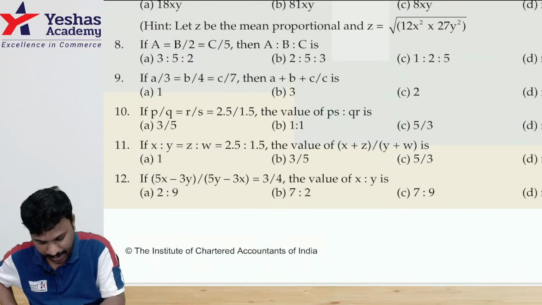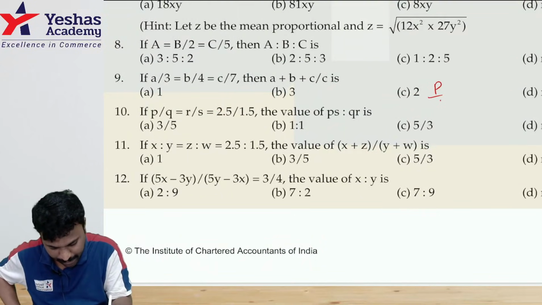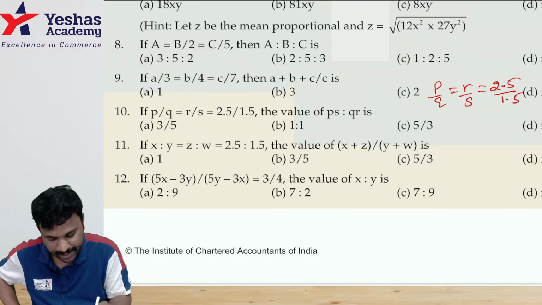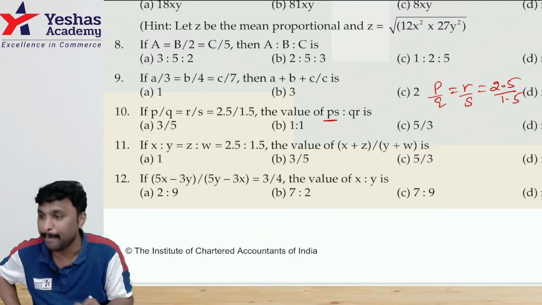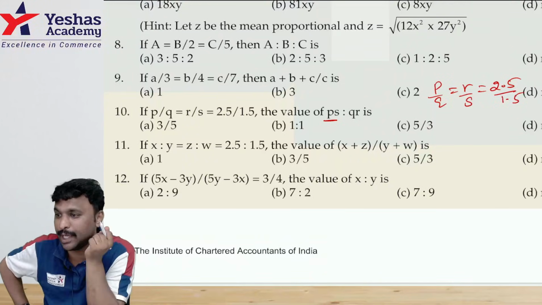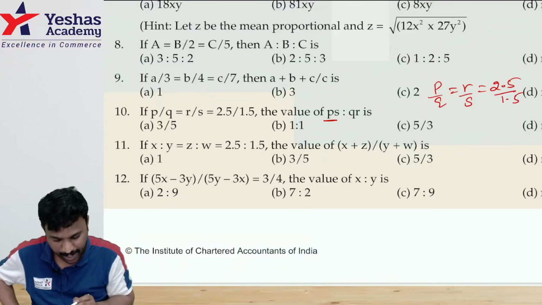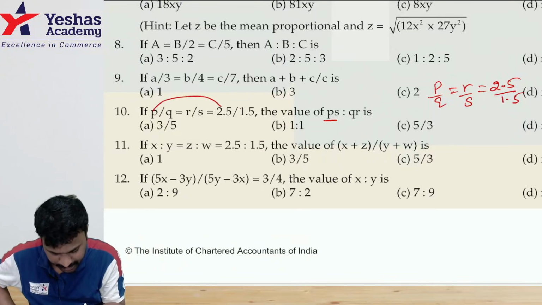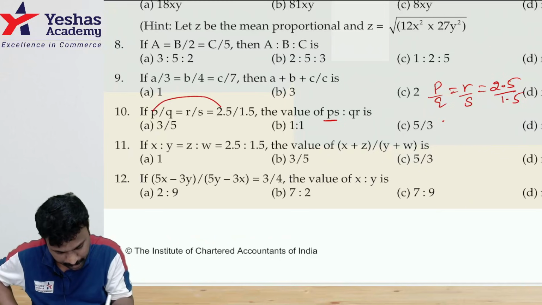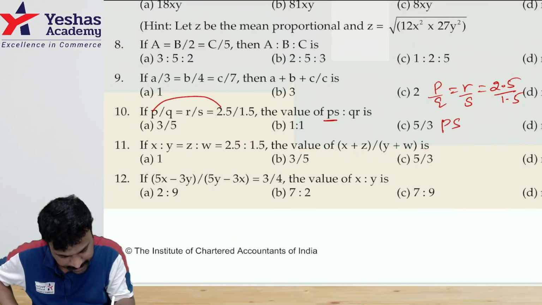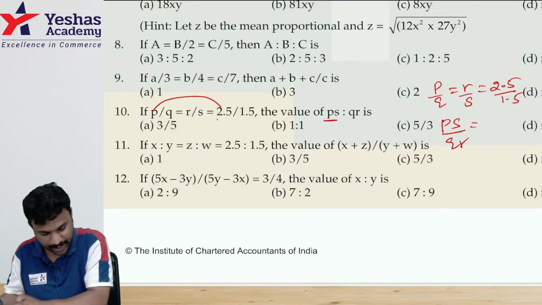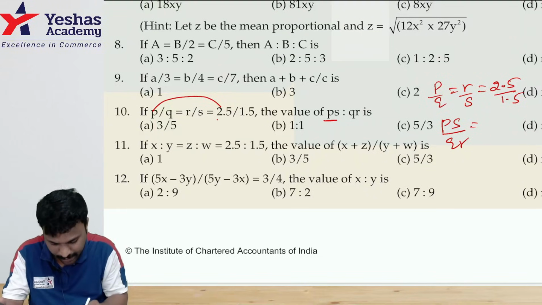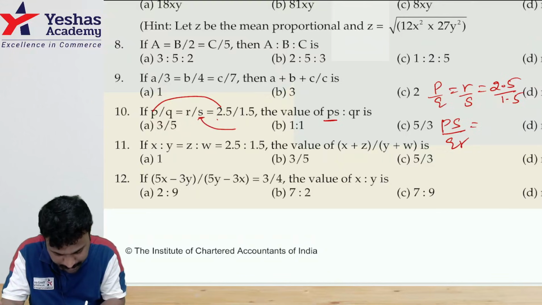As they've said, P by Q is equal to R by S is equal to 2.5 divided by 1.5. They are asking us to find the value of P into S is to Q into R. Yes, first of all, what is P? P is the first term, 2.5. They're asking P into S divided by Q into R. P is nothing but 2.5, so type 2.5. What is S value? S is the denominator, that means 1.5.